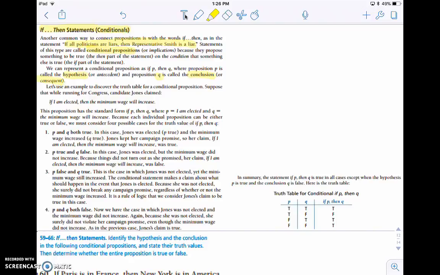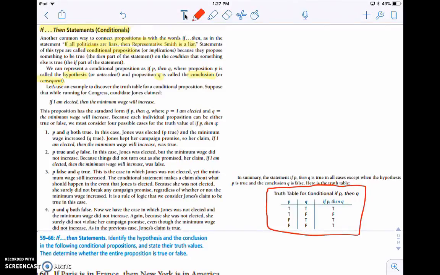Now we're going to look at an example to come up with this truth table for if P then Q. Some of these aren't as straightforward and intuitive as you would think.